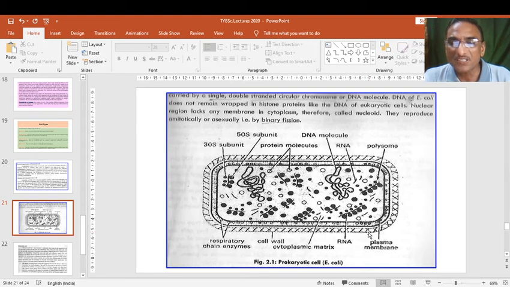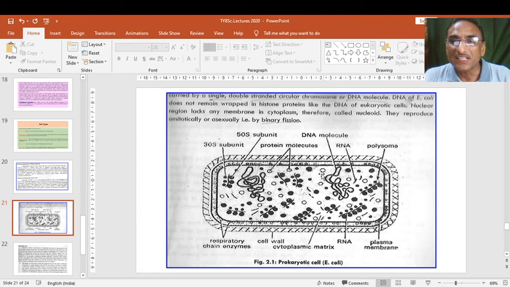In between the cell wall and plasma membrane, these respiratory chain enzymes are located. In the cytoplasm, or matrix material inside the cell, you can see 70S ribosomes. If you join the 50S and 30S subunits, the 70S ribosome is formed. Then protein molecules are found randomly scattered in the cell material.